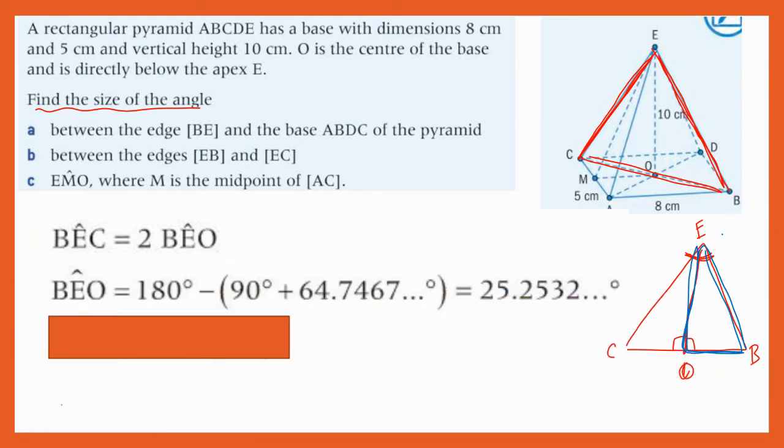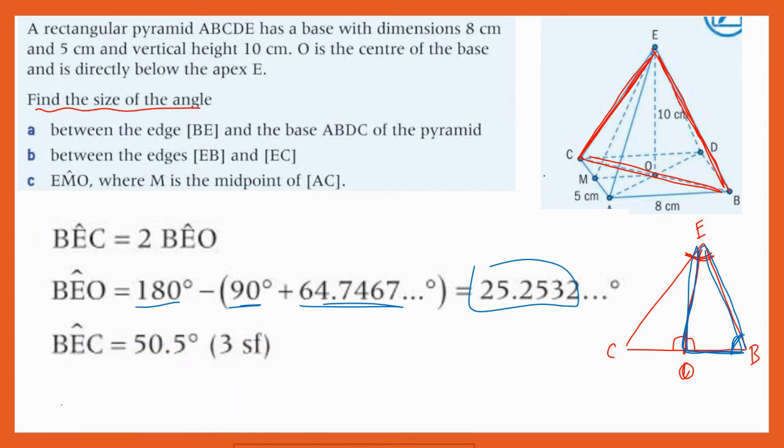So we already solved for the measure of angle B in that previous question, or EBO. And so they're taking 180 minus 90 plus that angle from the previous part. And that gets us this angle, angle BEO. And so then we double it and we get 50.5.